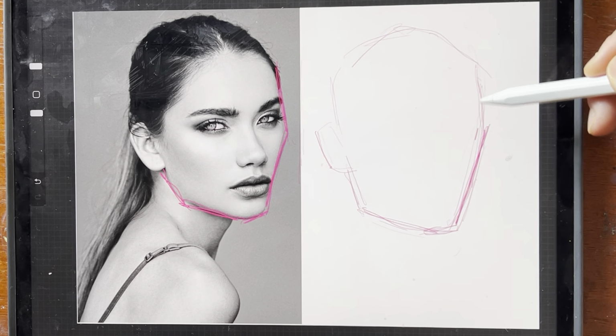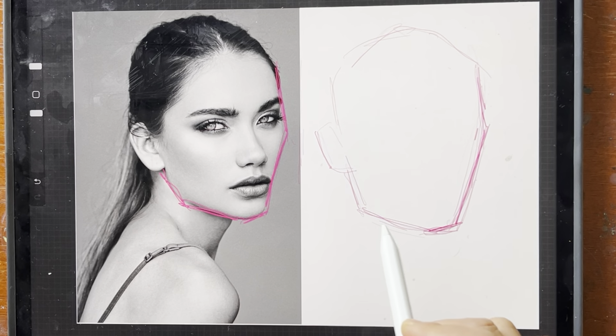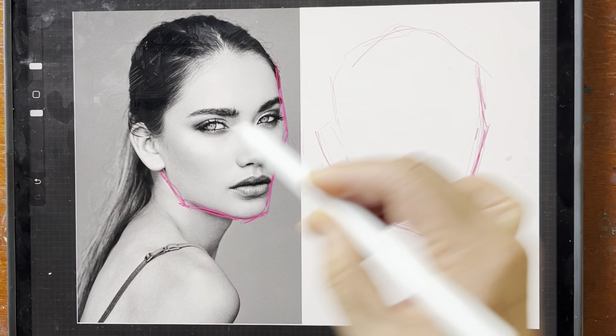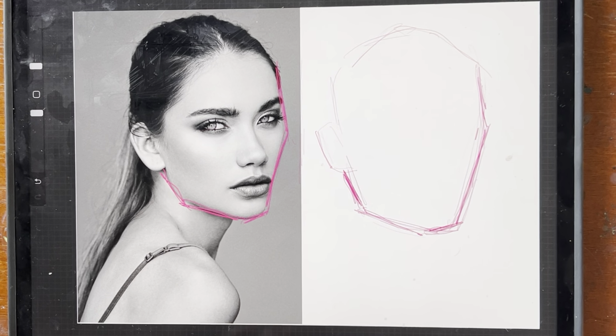How much slanted that is, and how much slanted this is, how much slanted this is, and how much slanted this is, right?